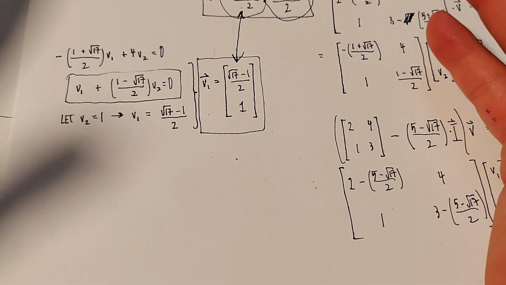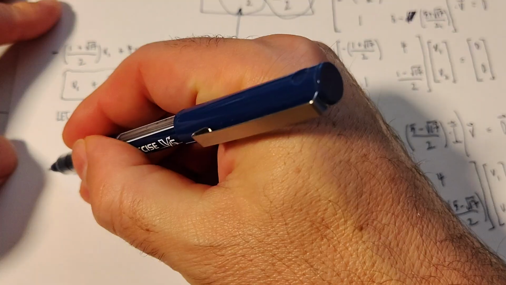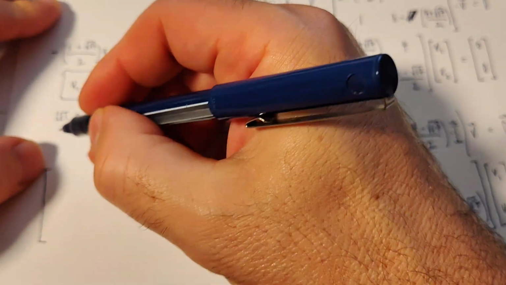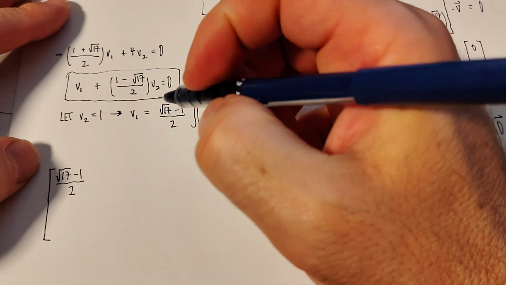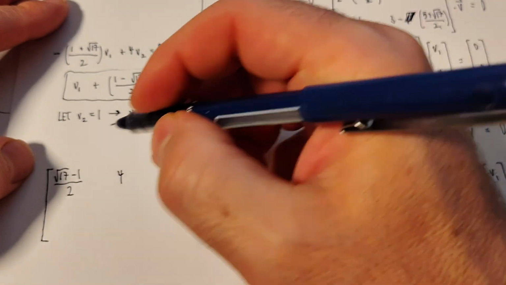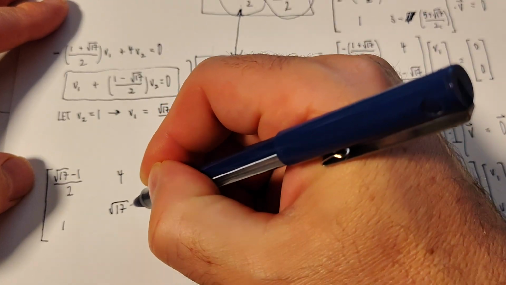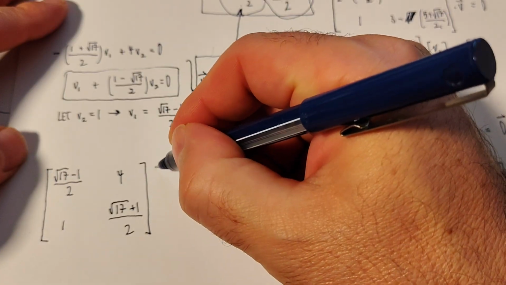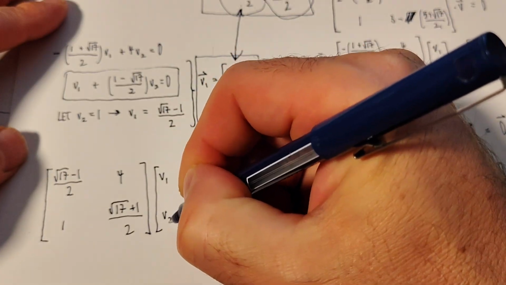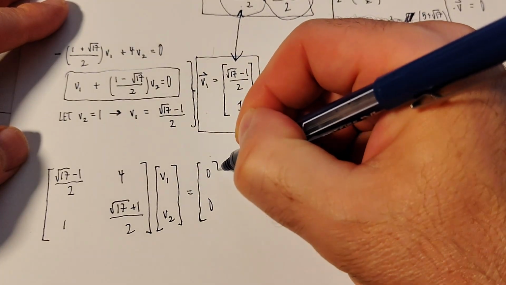So when we simplify this one out, we're going to have root 17 minus 1 over 2, and then 4, and then 1, and root 17 plus 1 over 2 times, again, V1, V2 equals the 0 vector, or the origin.